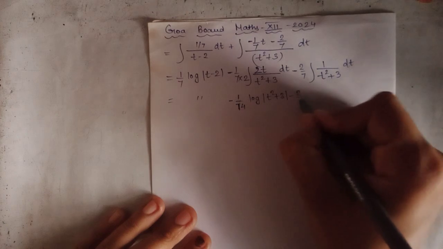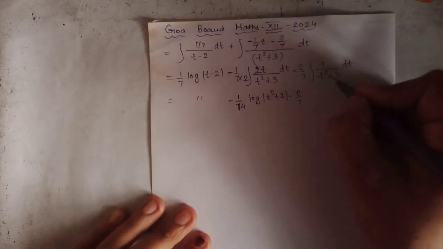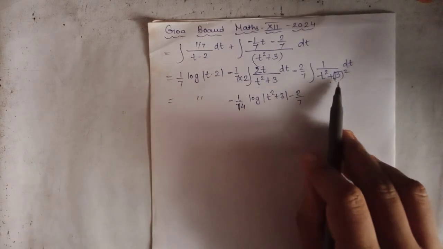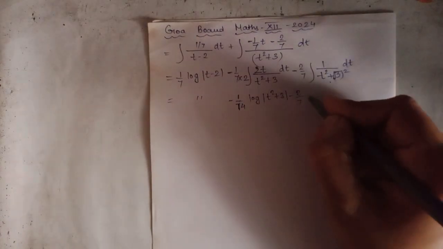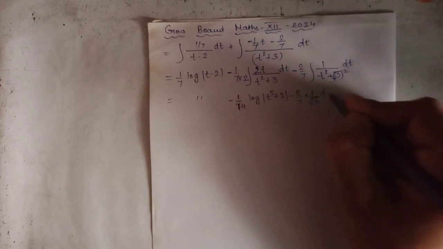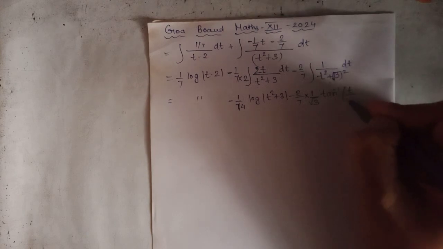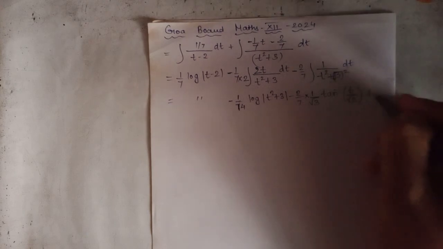Here you can write 3 as root 3 square, so this is a square plus x square, which gives 1 by a tan inverse x by a, so t by root 3, plus c.